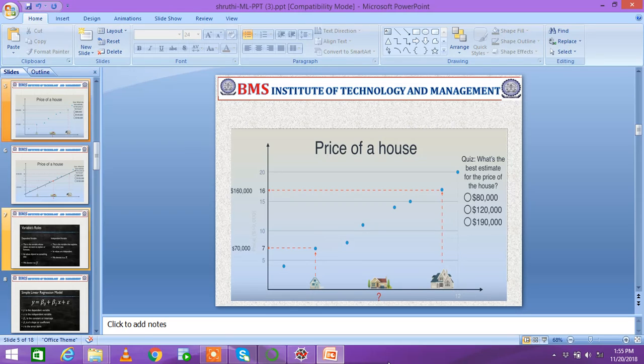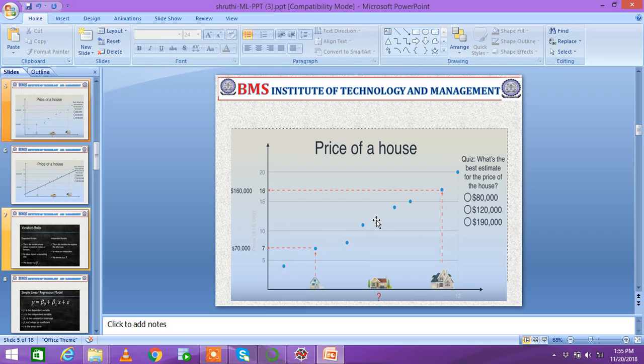On the y axis we have the price and on the x axis the size of the house. The price is given to be $70,000 for the small one, and $160,000 for the huge house. Now I need to find the medium size house, what could be the price.